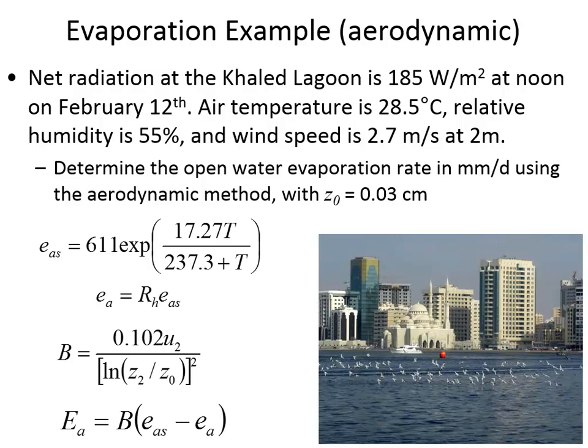And then E sub AS minus E sub A is 38.93 pascals minus 2141 pascals. So if we put everything together, then we're going to get 6.31 millimeters per day. And that is assuming unlimited radiation and that the rate of evaporation is governed strictly by transport.